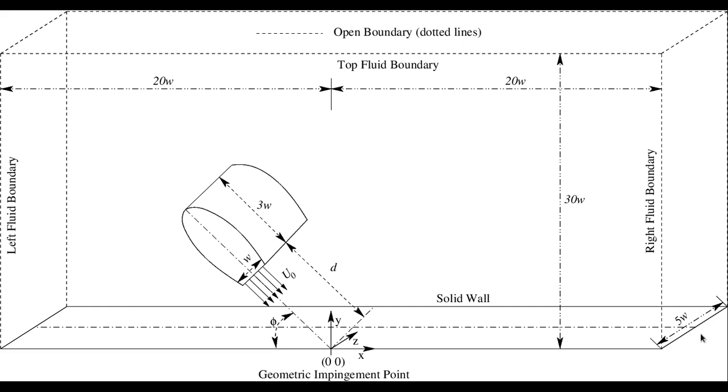Here you can see, for the computation, we are keeping the left, right and top boundary open. Open means the fluid can enter into the domain and can go out from the domain through these three boundaries, left, right and the top. Here we are considering a submerged jet.